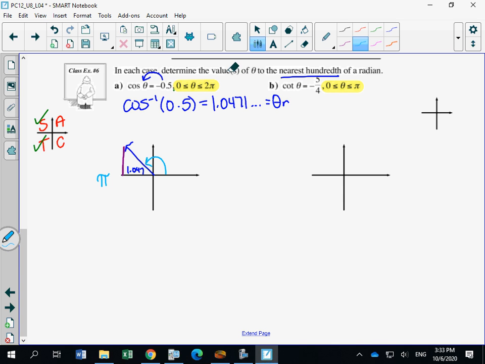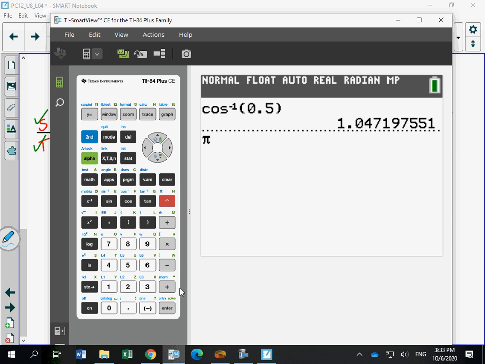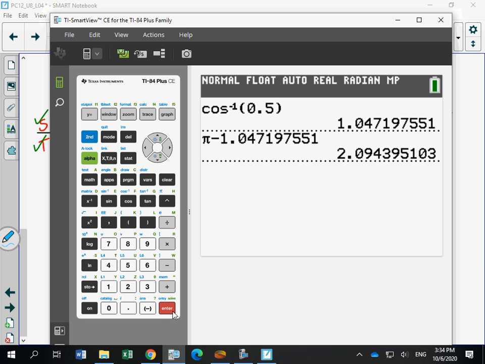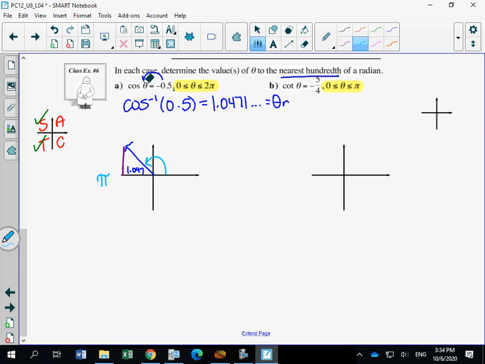Pi minus the reference angle will give you the first rotational angle. So pi minus this answer here will give us a rotational angle to the nearest hundredth of 2.09 radians. I'm going to use theta, and the rotational angle is 2.09. We don't need to write radians because we know that this answer is in radians.